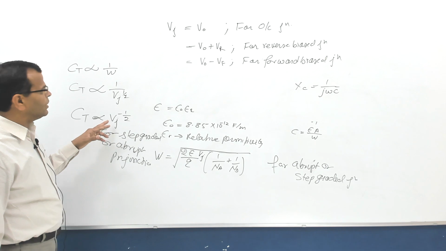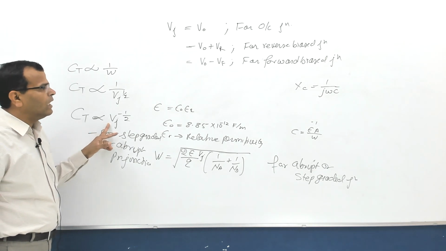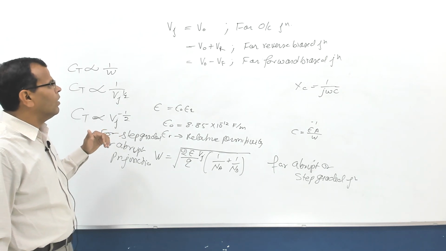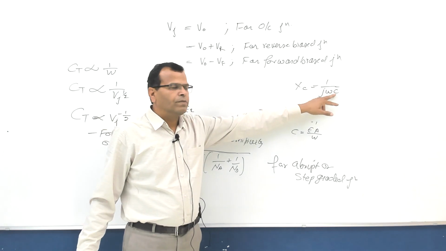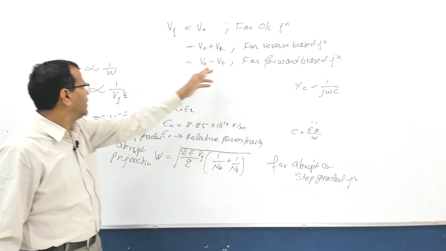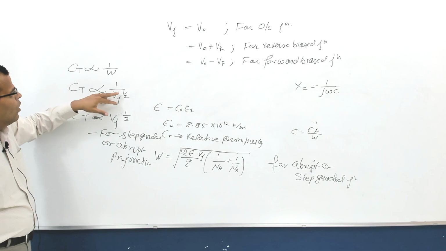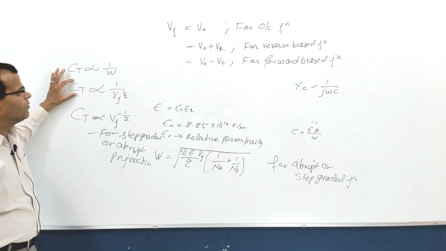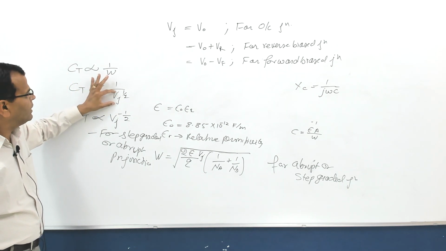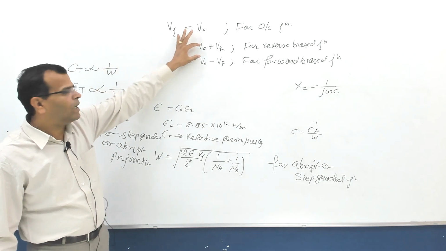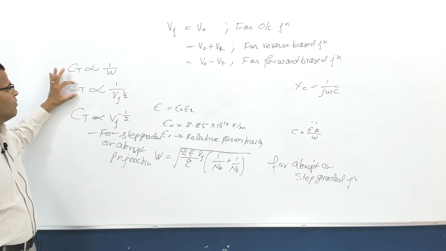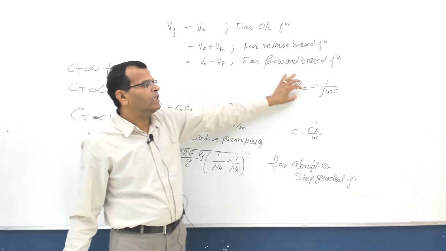You can see this relationship here, XC will be small when C is large. Vj is large when this is reverse bias. Vj is large, C is small, Xc is large.